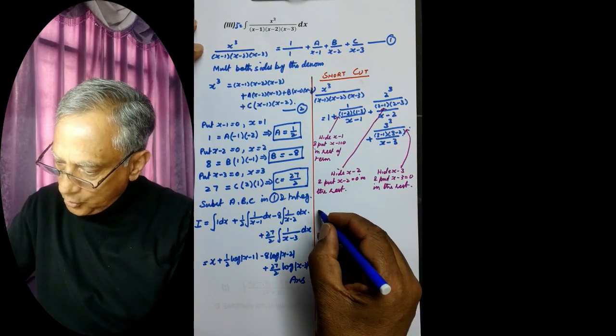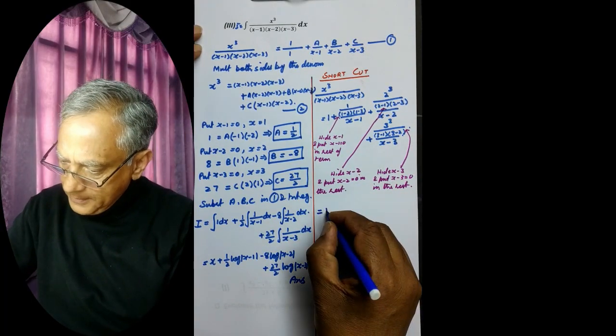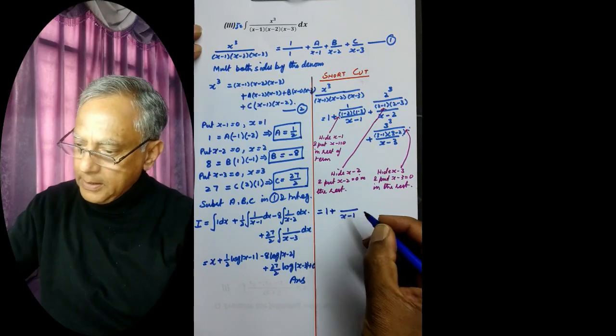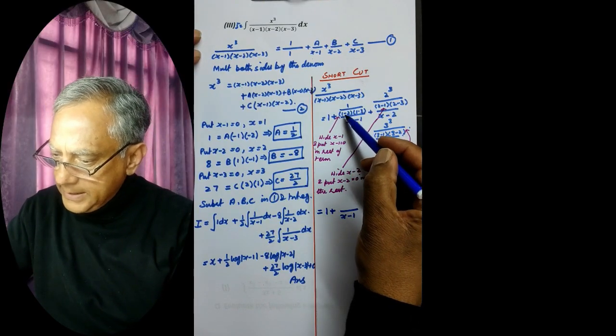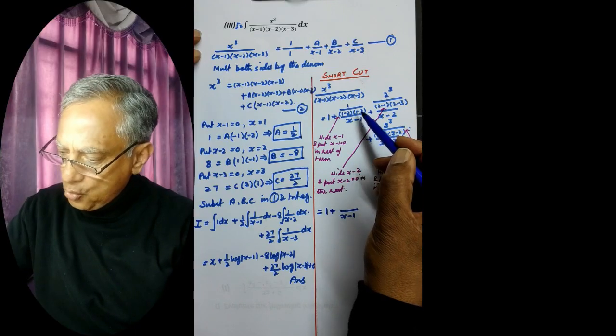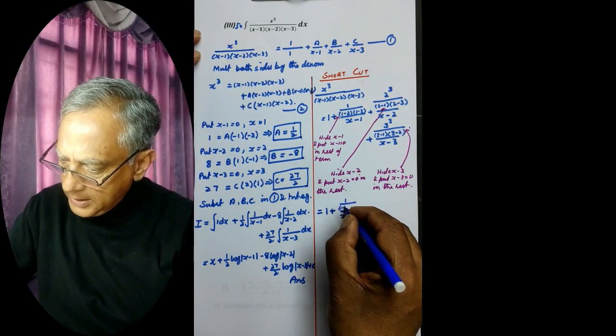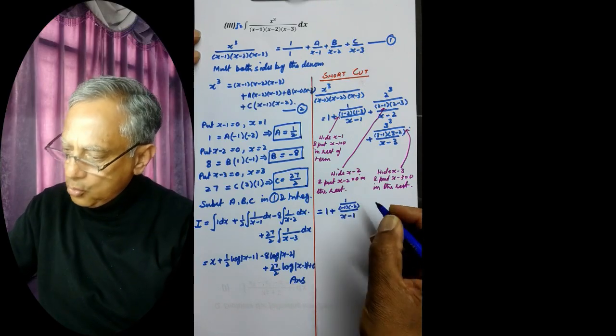So this is equal to 1 plus, this is x minus 1. Now this is 1, this is minus 1 into minus 2, so 1 over minus 1 into minus 2.